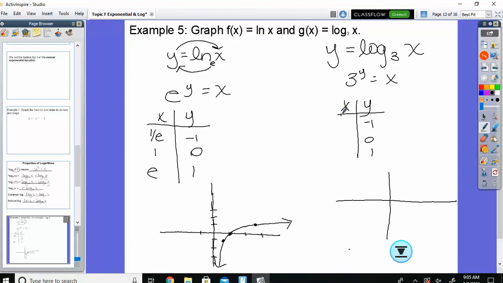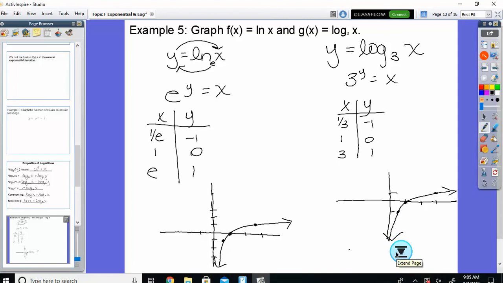So if you plug in negative 1 for your y, you get 1/3. 3 to the 0 is 1. 3 to the first is 3. So 1/3, negative 1, 1, 0, and 3, 1 are our points on our graph.